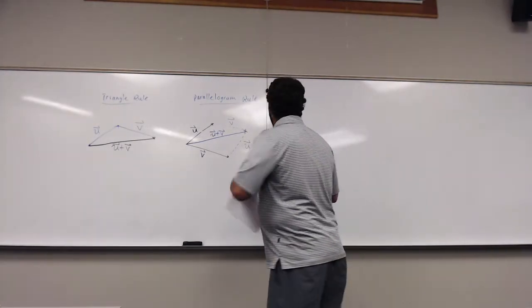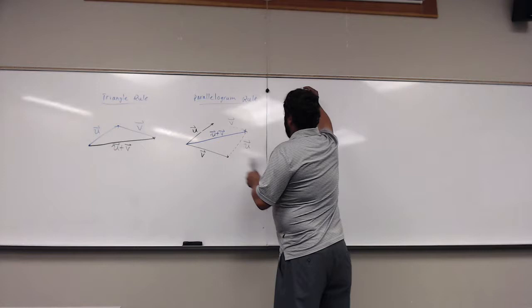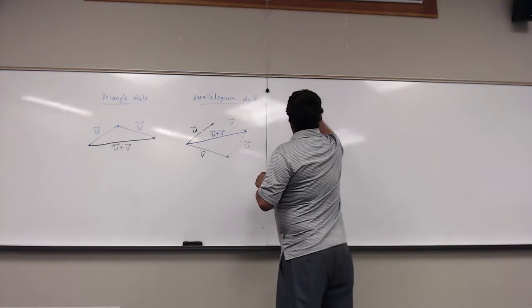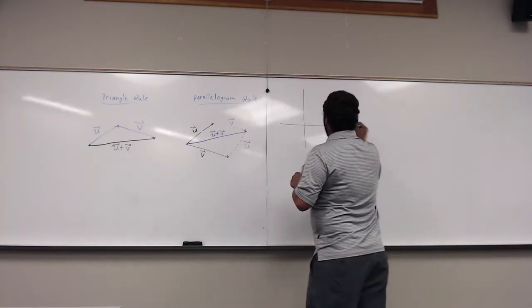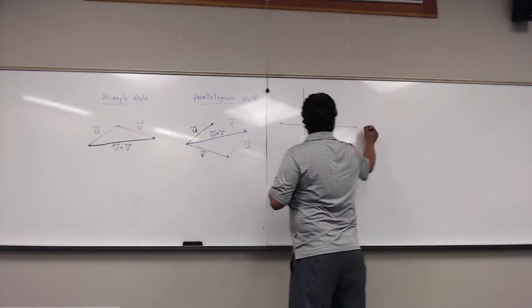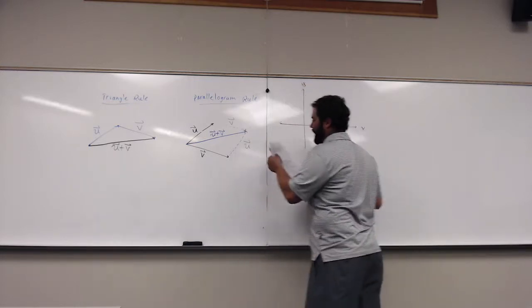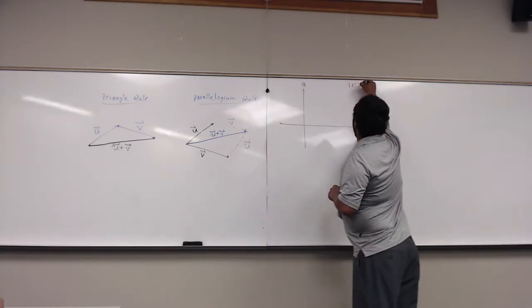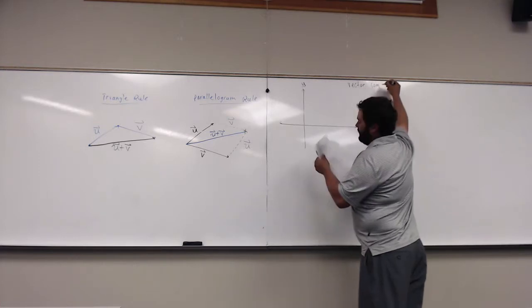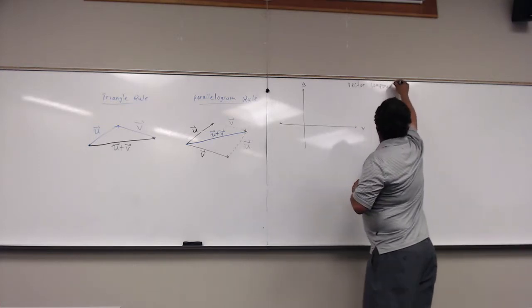Okay, so I'm going to draw a picture here. This is supposed to be the xy plane. That's the x-axis, that's the y-axis. Now we're talking about vector components and magnitude at the top of page 3.